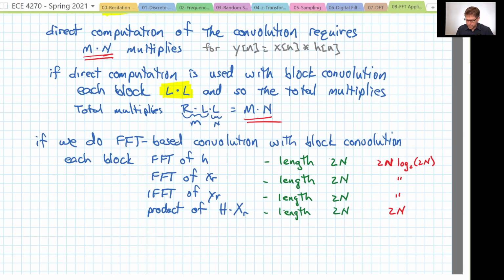So let's count all this up. We have 1, 2, 3 times that, plus essentially total mults is 3 times 2n log 2 of 2n, plus 2n.